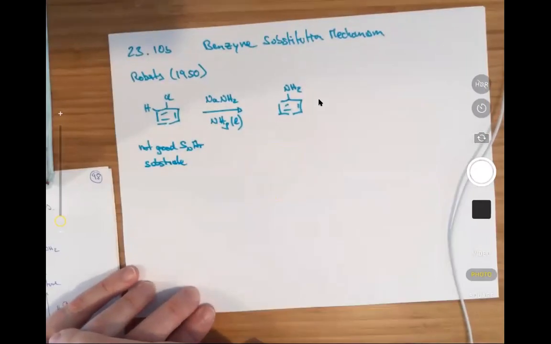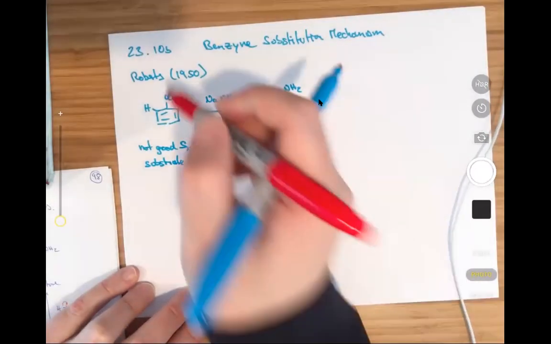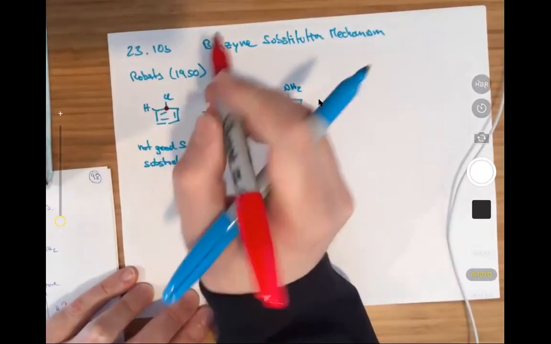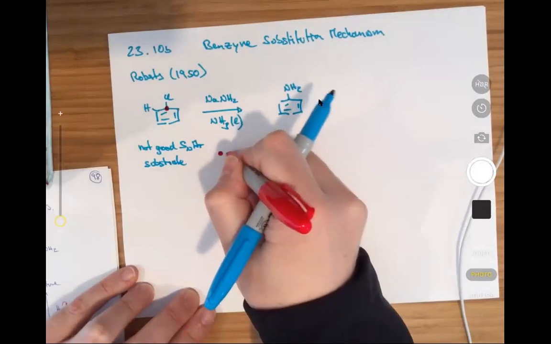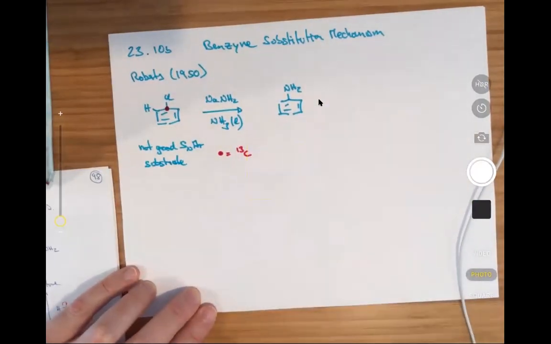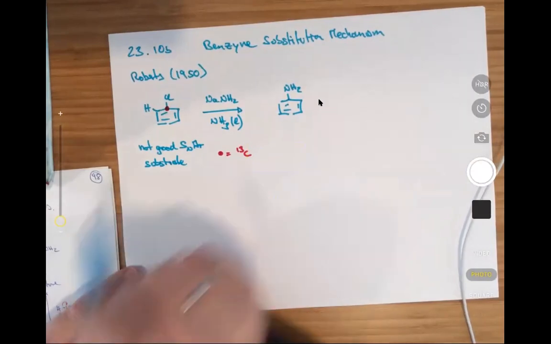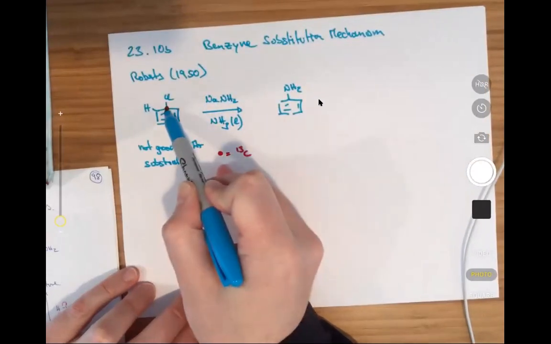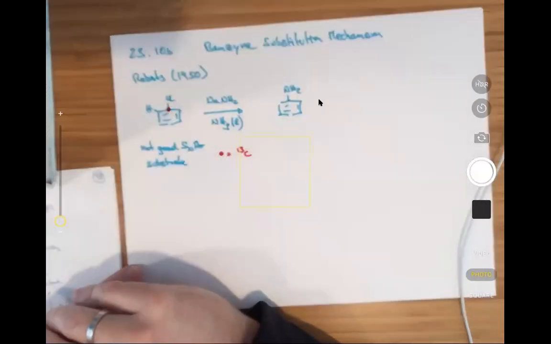So the next experiment they did was to place a C13 label, a 13C carbon atom, at this position and follow it through the reaction. They wanted to figure out whether the nitrogen of the amide attacks at this position or scrambles around the entire ring.